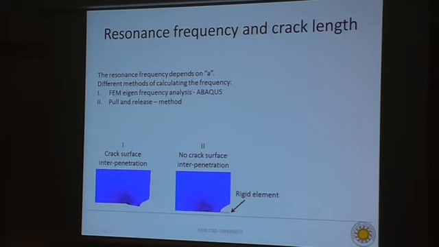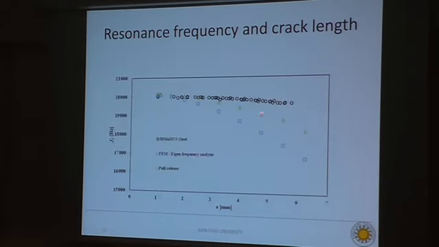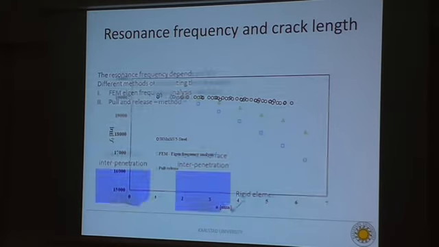What was good with this method is that it allows us to add stuff to the model, like a rigid element blocking the crack surface from penetrating. So we don't have any crack surface interpenetration for this model. And the result from this one showed a slight increase in the frequencies, but still not quite there. There is still something missing to get up to the experimental result.